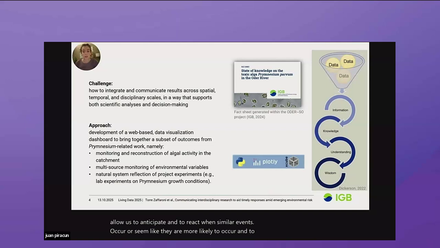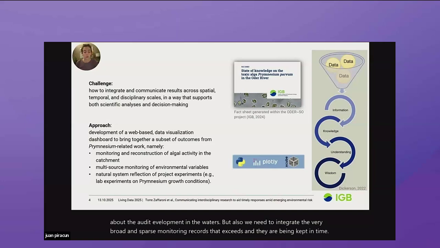And doing this requires integrating very different types of knowledge, going from the reconstruction from satellite imagery, which can give us near real-time information about the algae development in the waters, but also we need to integrate the very broad and sparse monitoring records that exist and that are being kept in time.